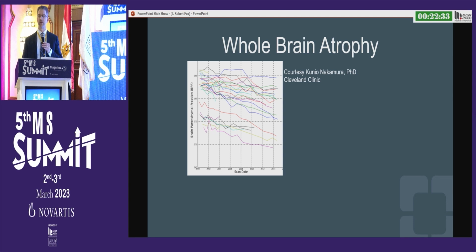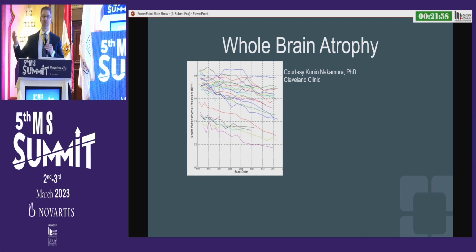But there's a couple things to appreciate regarding this. This is so-called spaghetti plots that show the change in brain volume over time in individual patients. And what you can see is that there's quite a bit of variability here. So we have a patient who goes up a little bit, then goes down, and then goes back up, and then is stable, and then goes down again. Now, in general, you can appreciate most of these patients have a going down trajectory over time, but there is a lot of variability from test to test.